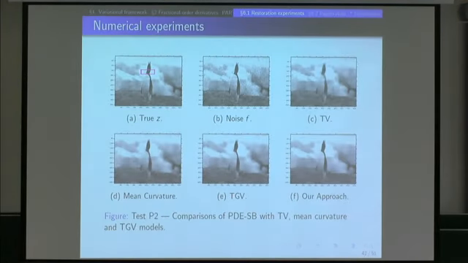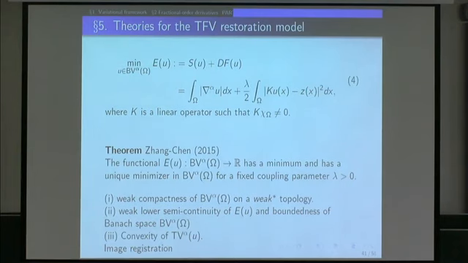Okay, maybe I should make one remark before I move on. There's something I didn't highlight a lot. I want you to get the first takeaway message. That is, the non-local operator part is not a problem in the algorithm because the structured matrix can be handled very efficiently.